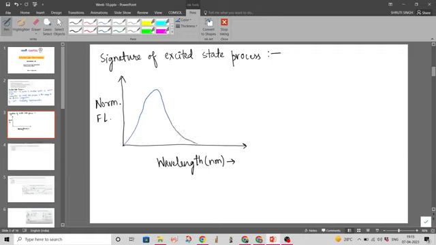If this is the spectrum when there is no excited state process happening, then if something happens in the excited state, we can have something like this.